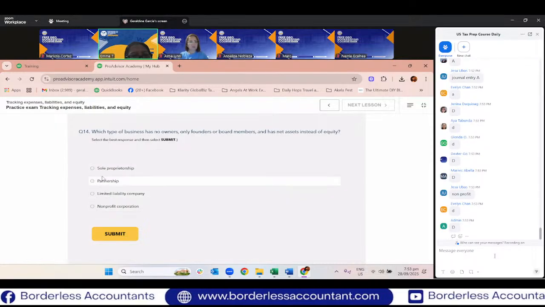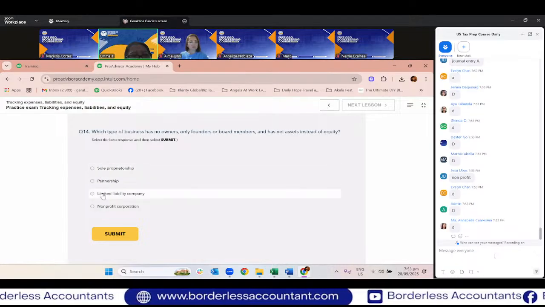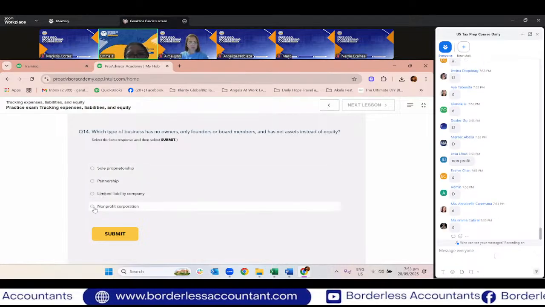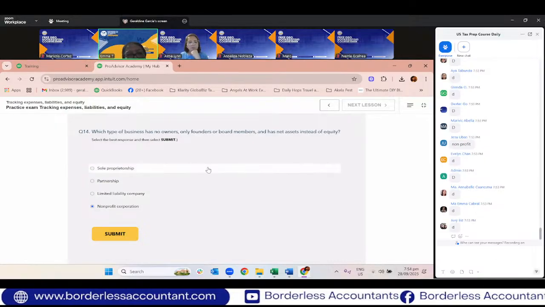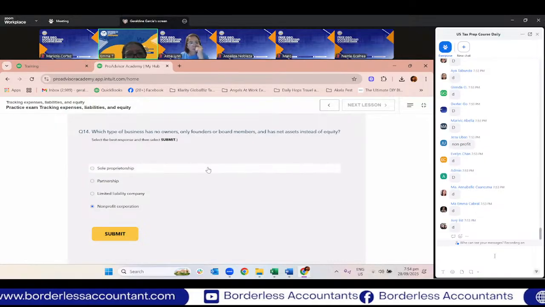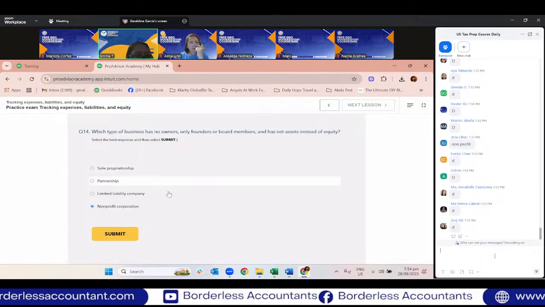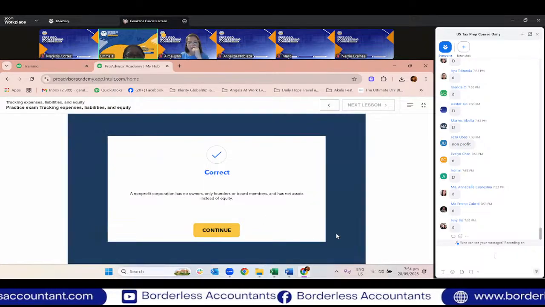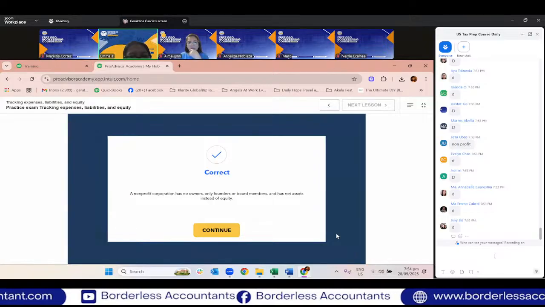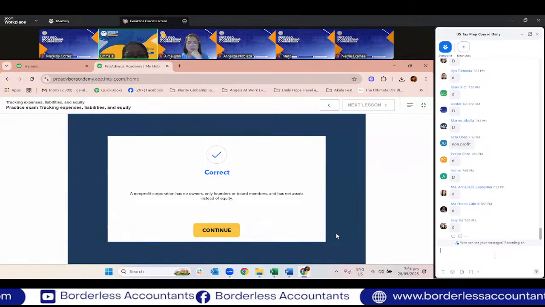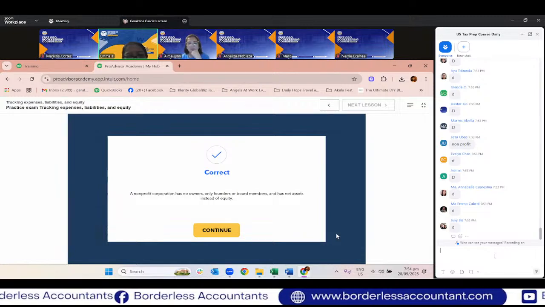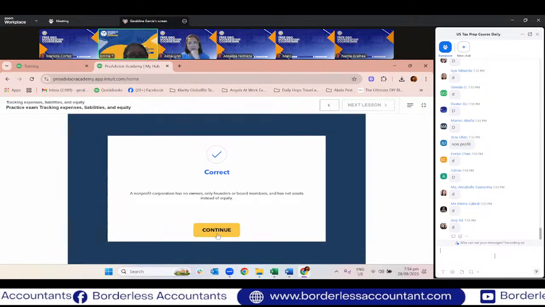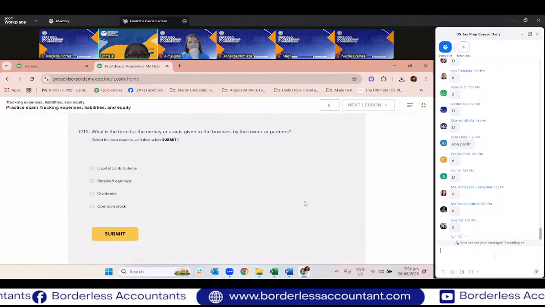Sole proprietorship, partnership, limited liability, non-profit organization. So a non-profit organization has net assets, doesn't have any equity. So let's submit letter D. Correct. A non-profit corporation has no owners, only founders or board members, and has net assets instead of equity. Let's continue, gang. Thank you.